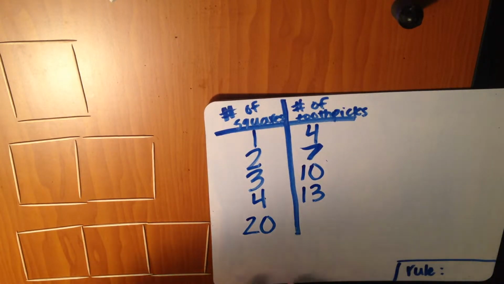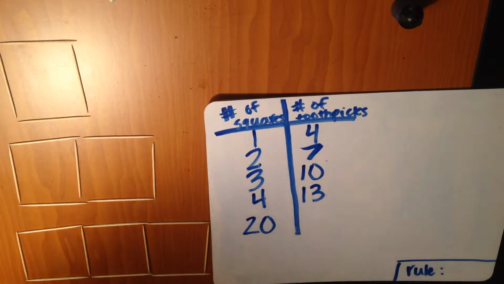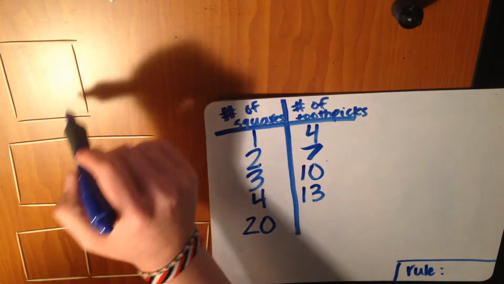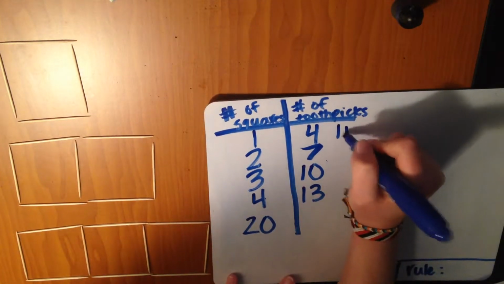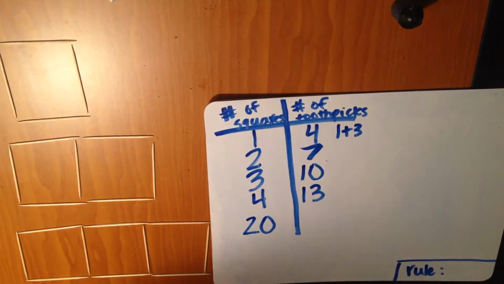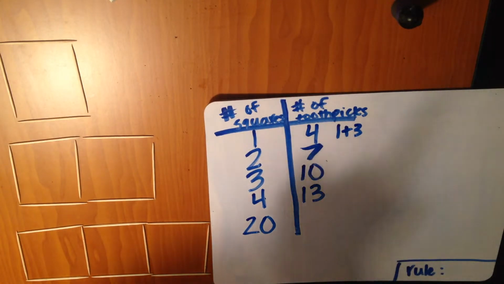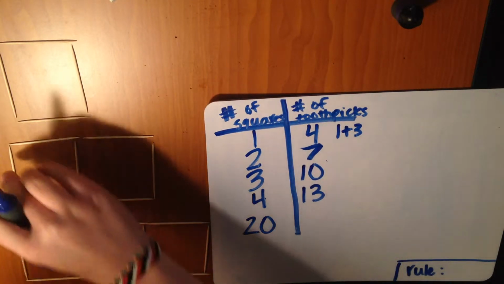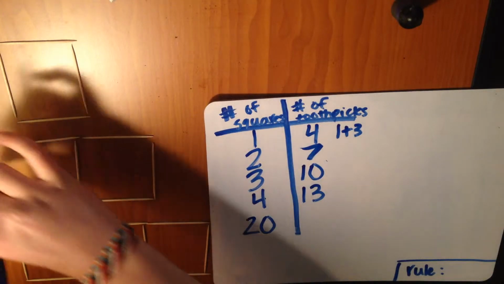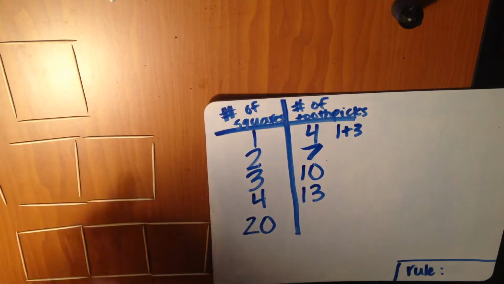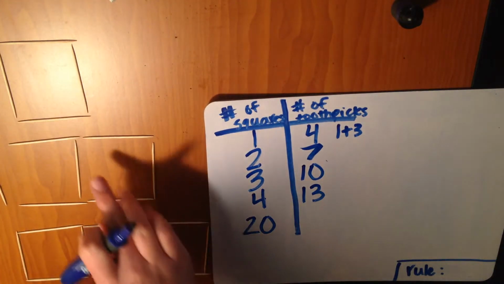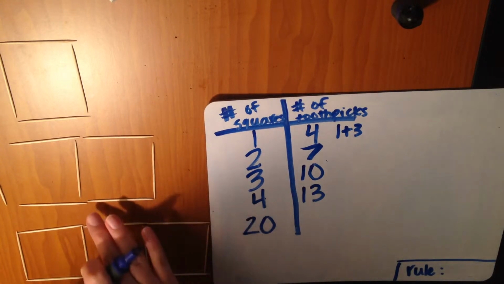In order to do this, I'm going to break up these numbers. I'm going to look at 4 first, and I know that I can break up 4 into 1 plus 3. I did this on purpose because I know that I have 1 plus 3 here, but I'm adding another 3.